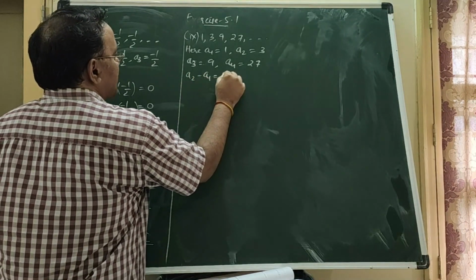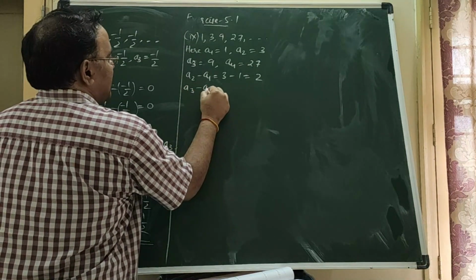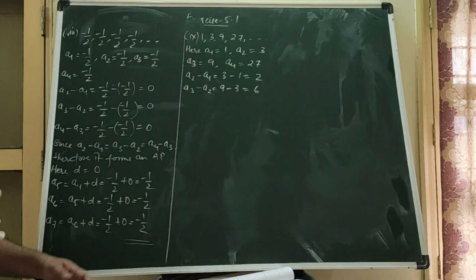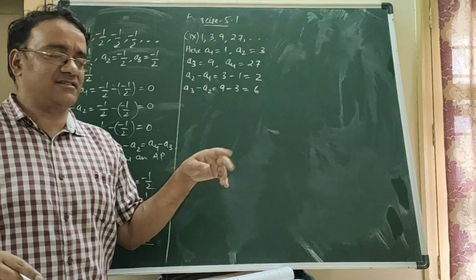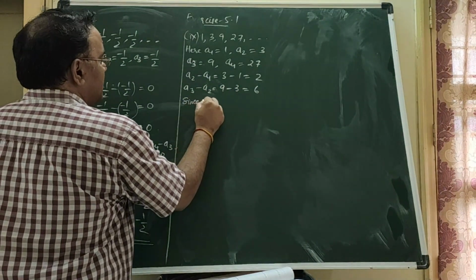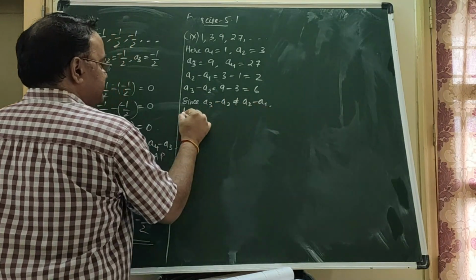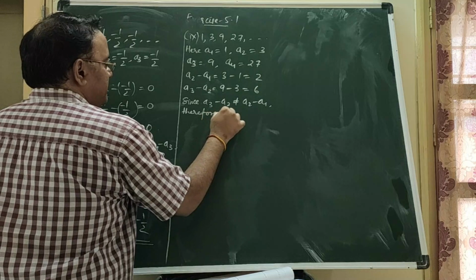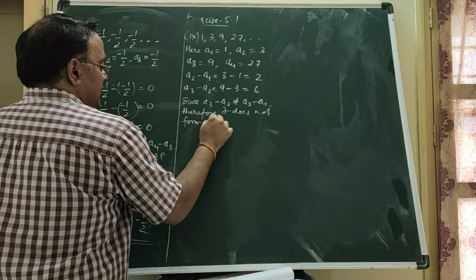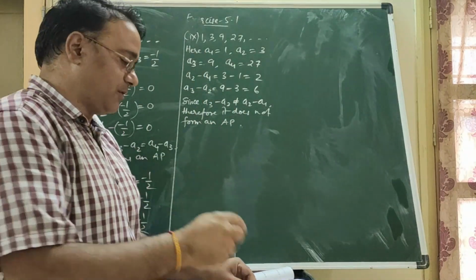A2 minus A1, that is 3 minus 1, is equal to 2, and A3 minus A2, 9 minus 3, is equal to 6. Now don't go for the third difference, because two different differences have already come here. So we can conclude, since A3 minus A2 is not equal to A2 minus A1, therefore it does not form an AP. So it does not form an AP, that means question over, answer over.